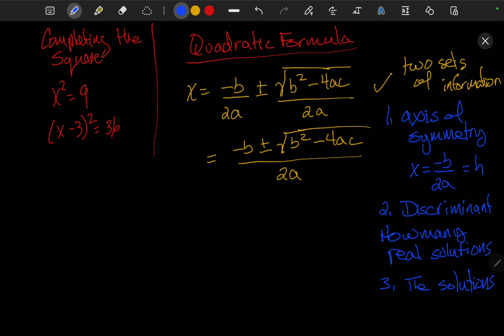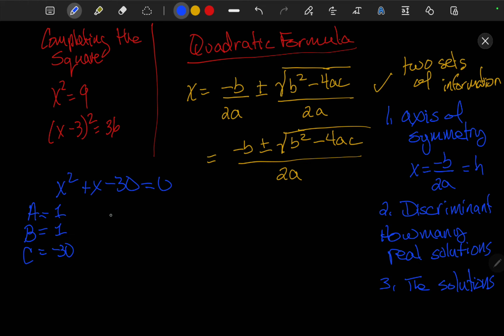So let's practice. If I have x squared plus x minus 30 equals 0, a, b, c: a is equal to 1, b is equal to 1, c is equal to negative 30.